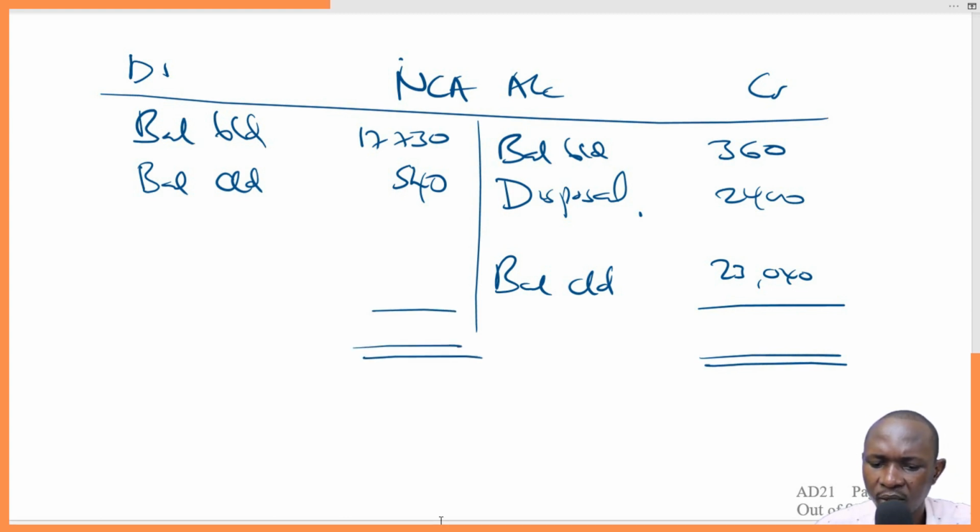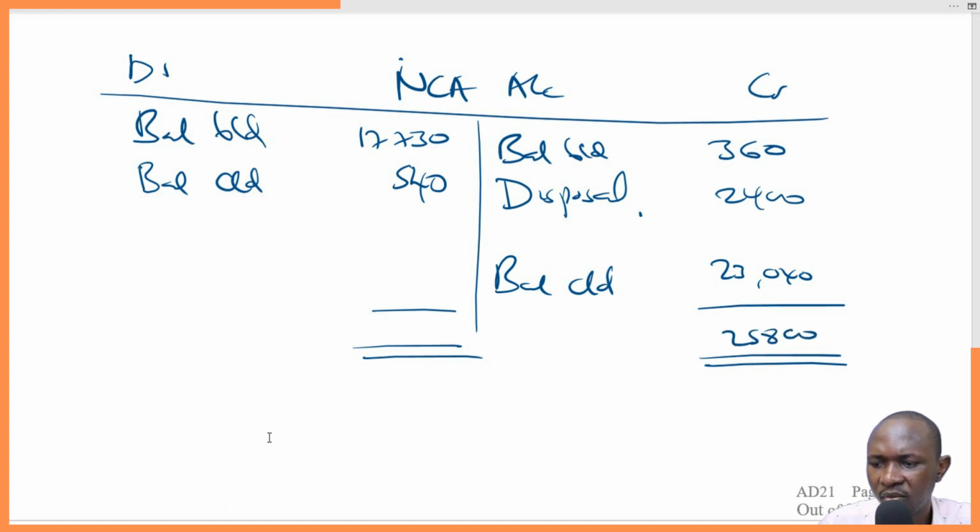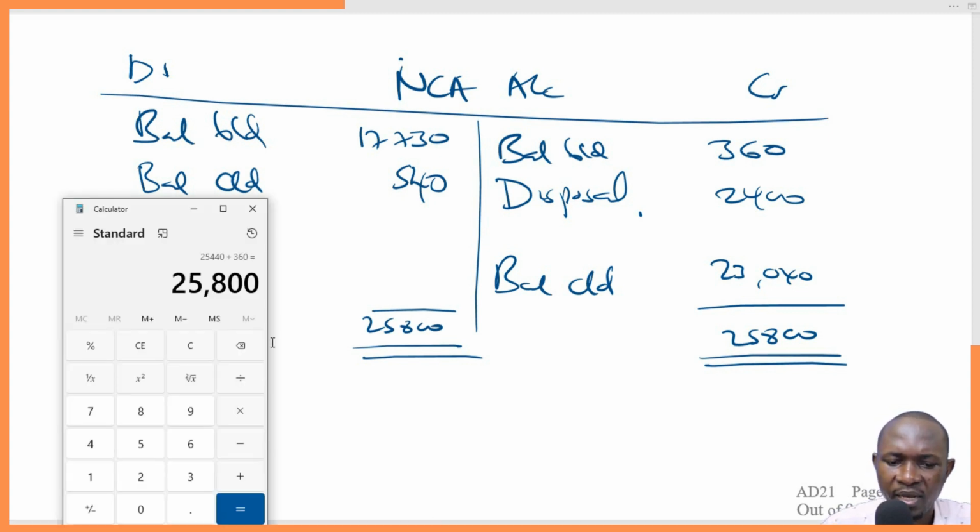This will be 23,040 plus 24 plus 360. That gives us 25,800. Hopefully that will be the balancing figure, 25,800. And this side will have 17,730 minus 540. That will give us 7,530.